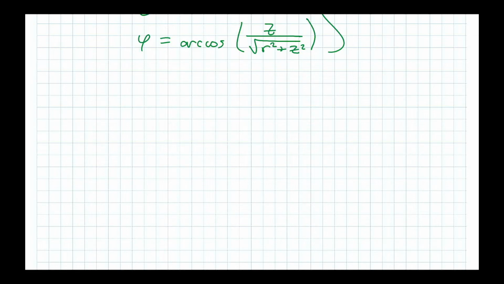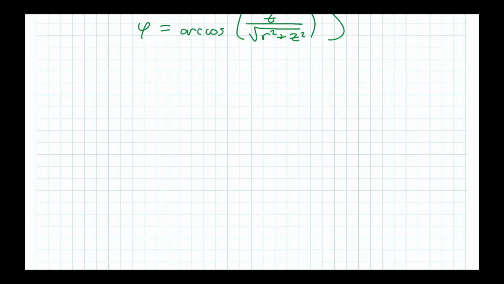what rho, theta, and phi would be if they were equal to a constant, just like we did for the cylindrical. Let's see. Rho equals a constant. Theta equals a constant.